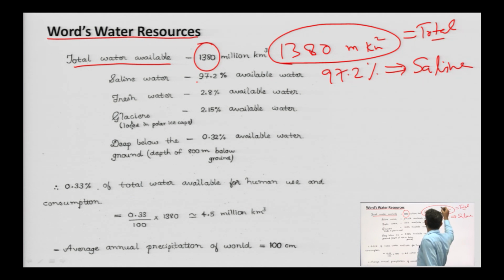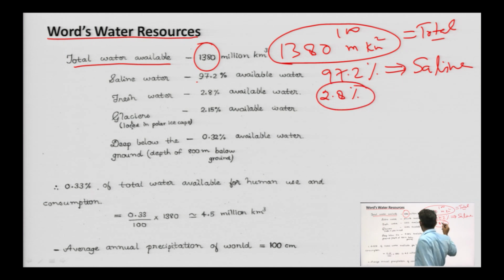If this is 100, the remaining is 2.8%. Out of this 2.8%, this is actually fresh water. But this total fresh water is also not available to us.